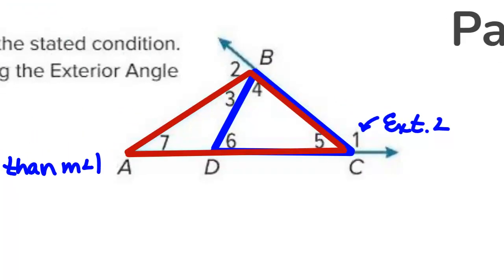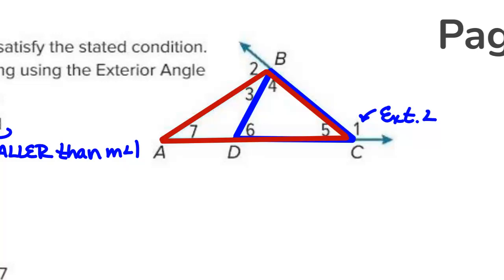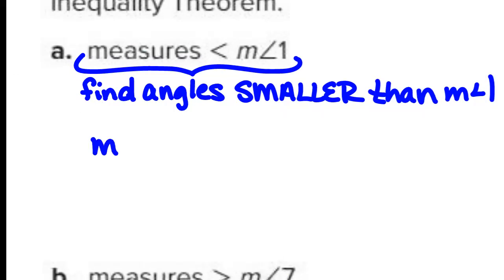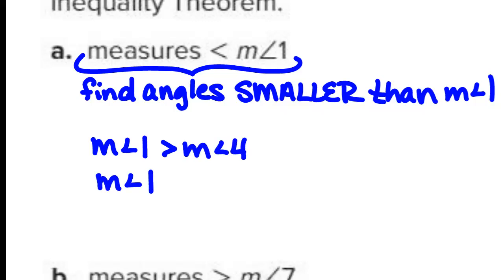So I got to look at both of these if I'm going to find angles that are smaller than the measurement of angle 1. Let's look at just the blue triangle first, so the smaller one of those 2 triangles. What are the remote interior angles for angle 1 that are inside the blue triangle? 4 and 6. So the measurement of angle 1 is bigger than the measurement of angle 4. Measurement of angle 1 is bigger than the measurement of angle 6. So far, so good? Let's look at the red one now.